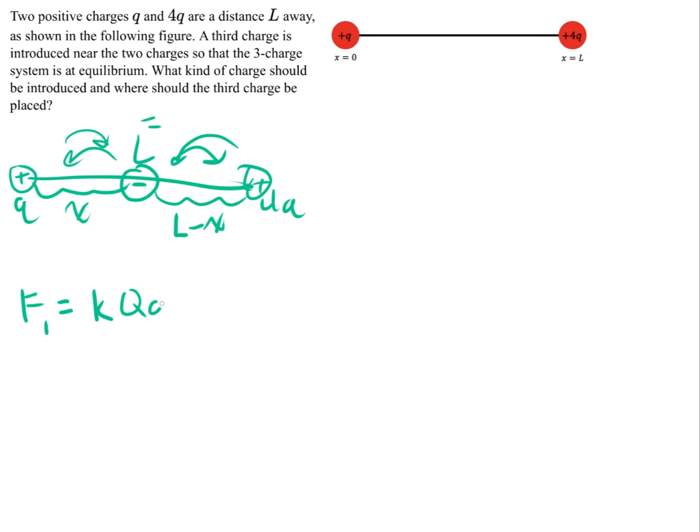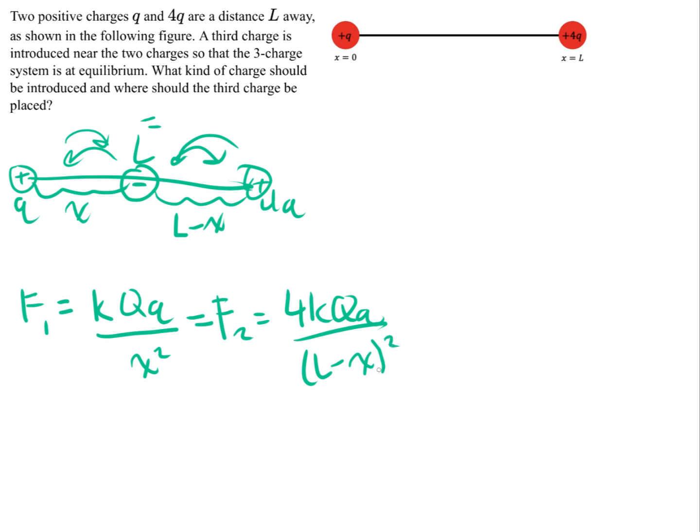We can add the negative sign at the very end. That is divided by x squared, the distance from Q to the negative charge, and it must equal F2, the force between the negative charge and charge 4Q. That is equal to the Coulomb constant times Q times 4Q, so 4KQQ divided by L minus x, squared.